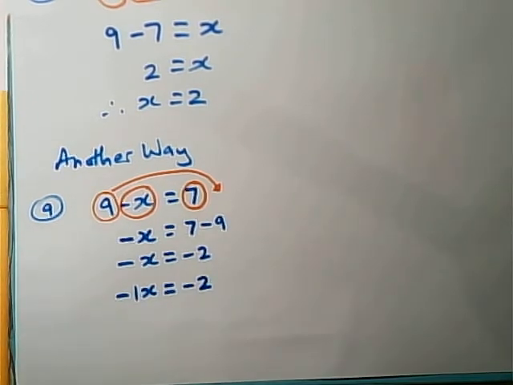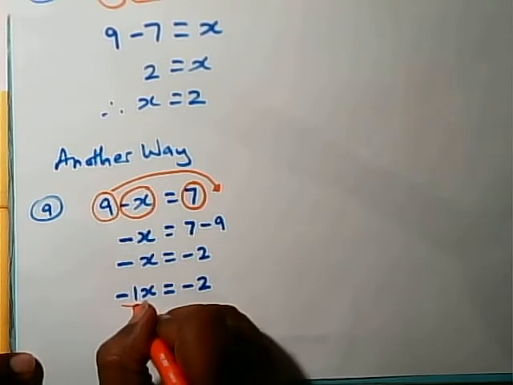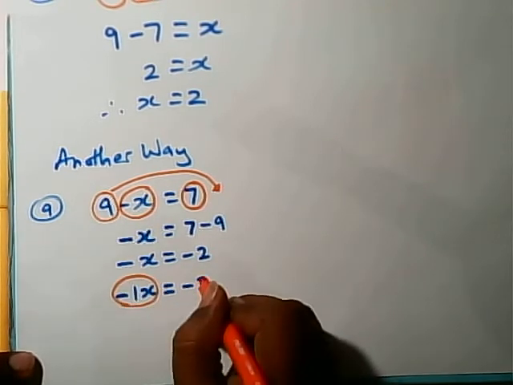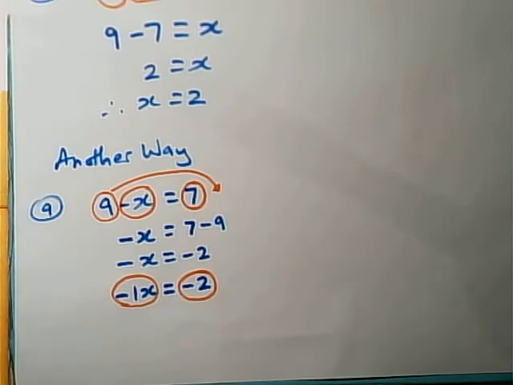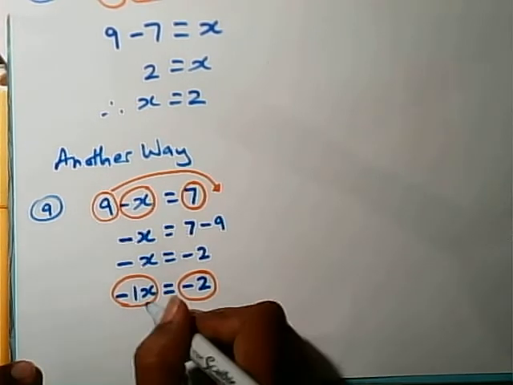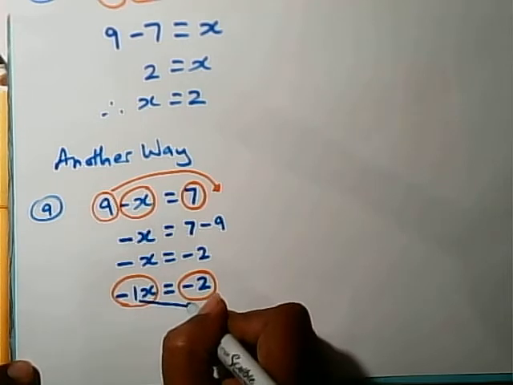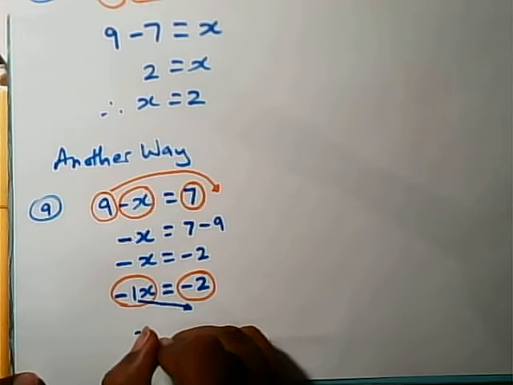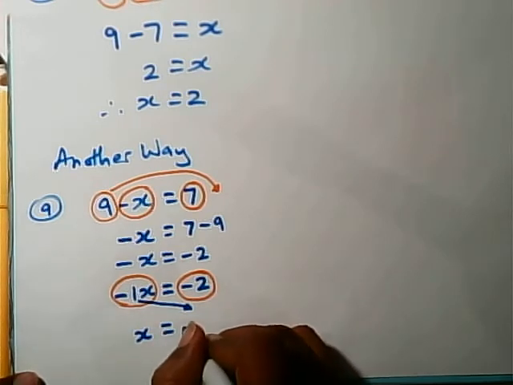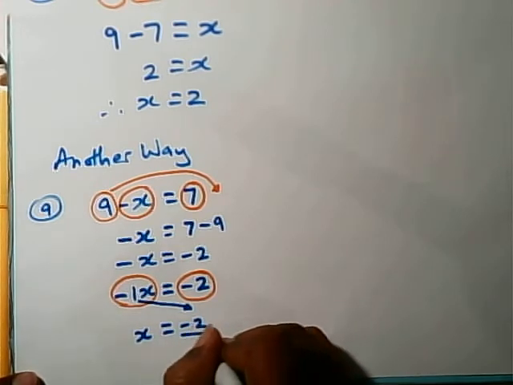What you can do is cross multiply. We've never done this before, at least I never showed it before. We could cross multiply the negative 1 across here. So you're left with x alone on the side, and we have minus 2 over minus 1.